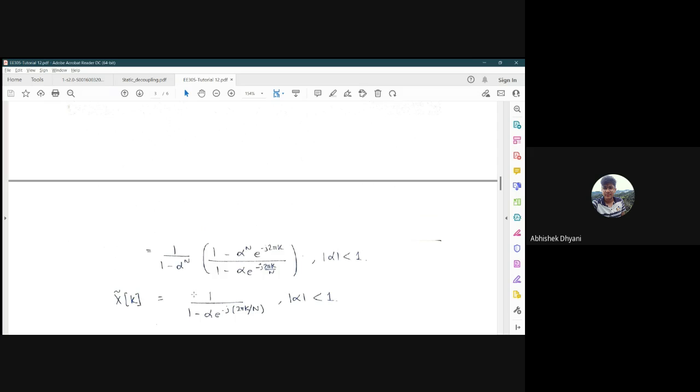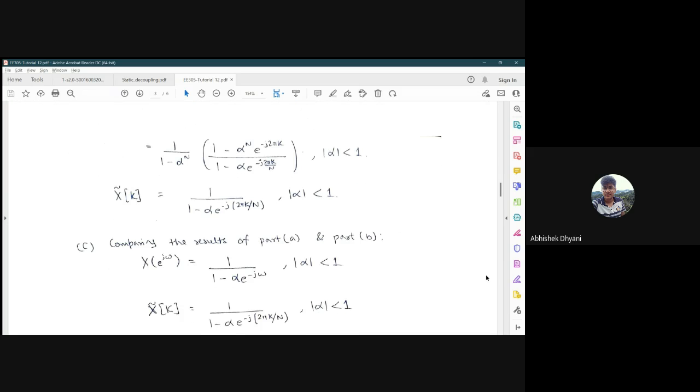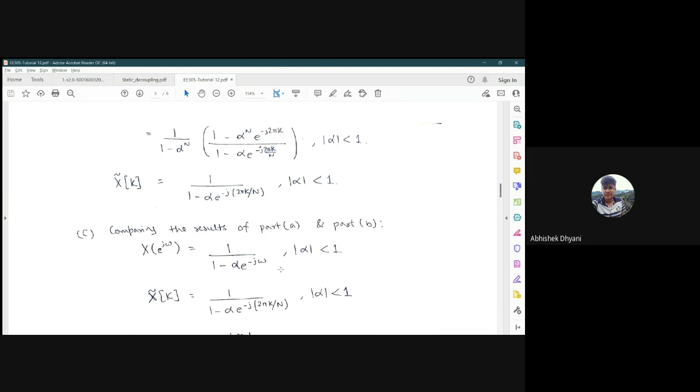Now the third part says that we have to compare the DTFT and this DFS. So these are the two. I have written the results of part A and part B. This is the DTFT, the first one, and the second one is the discrete Fourier series. And you can quite easily see that there is a simple relation that omega is replaced by 2 pi k by capital N. So what does that mean?